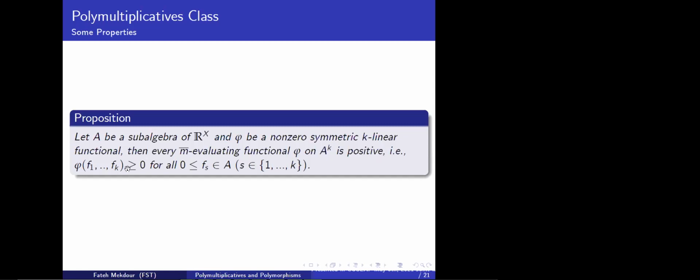Of course, positivity is defined by the following identity: phi of f1 through fk is greater than or equal to 0 for all elements fi greater than or equal to 0. That preserves the positivity.